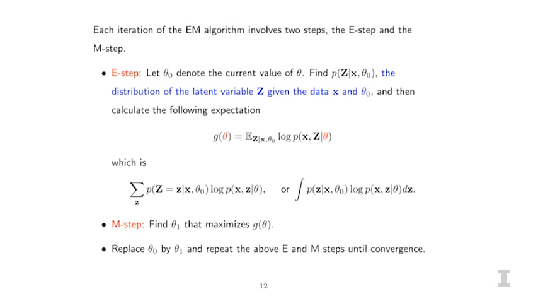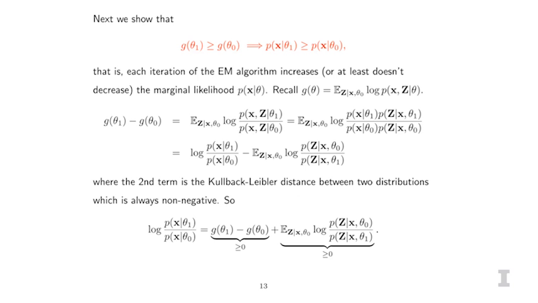But for the EM algorithm, we still need to prove that after each iteration, it indeed improves the marginal likelihood of x. Meaning our algorithm can guarantee that after each iteration, the new value g of theta 1 is bigger than the value of g at theta 0.